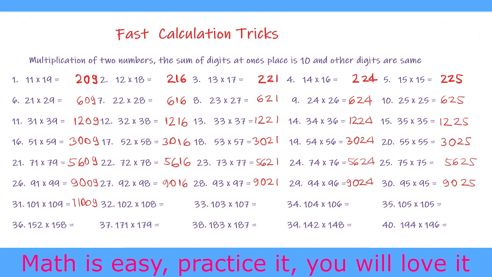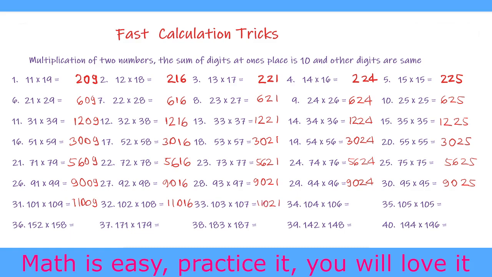Next is 102 multiplied by 108. So 8 multiplied by 2 is 16 and 10 multiplied by 11 is 110. So our multiplication is 11,016. 103 multiplied by 107. 7 multiplied by 3 is 21 and 10 multiplied by 11 is 110.